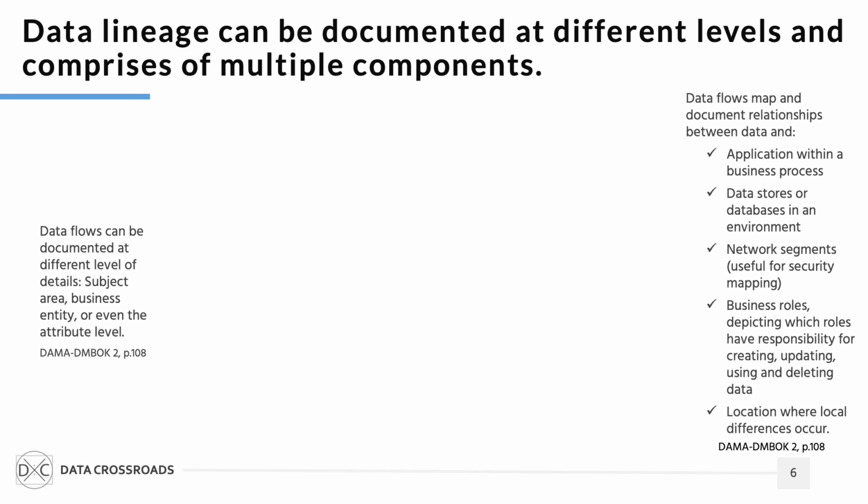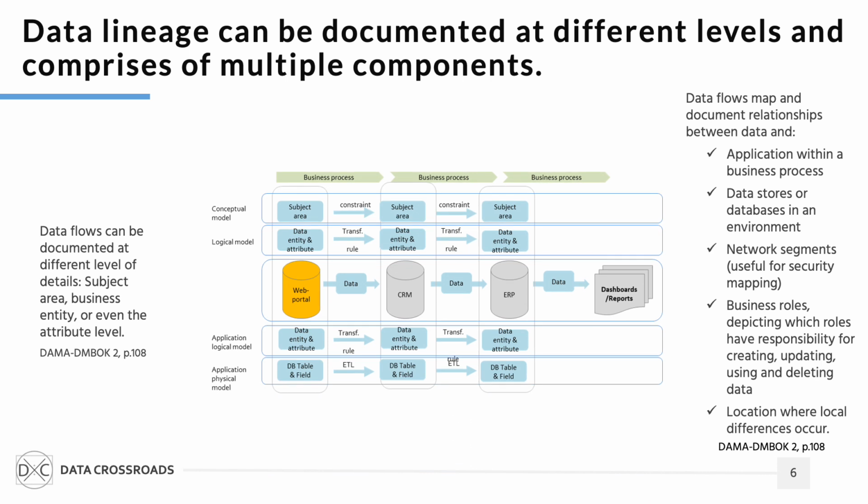So let us summarize these two and some other definitions graphically. Data flows through systems, applications, and databases. This flow starts in data sources and it ends at the point of usage, often reports or dashboards.